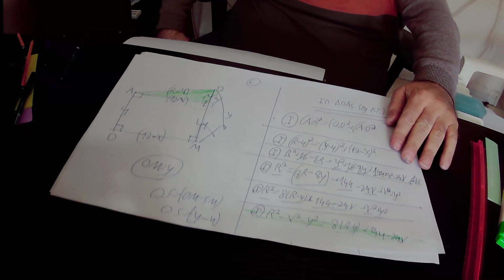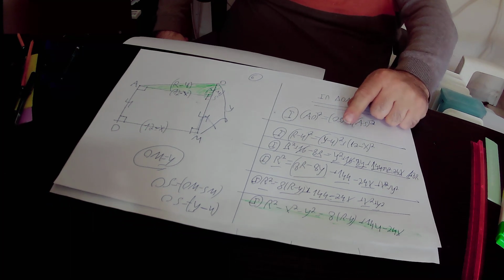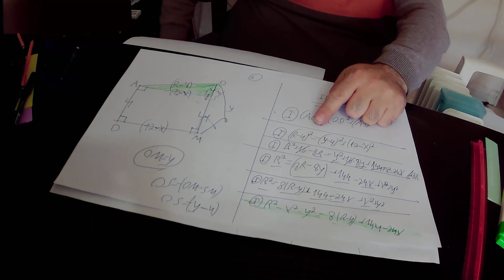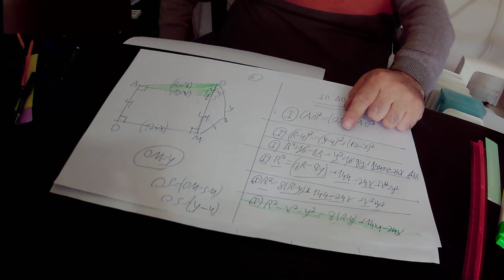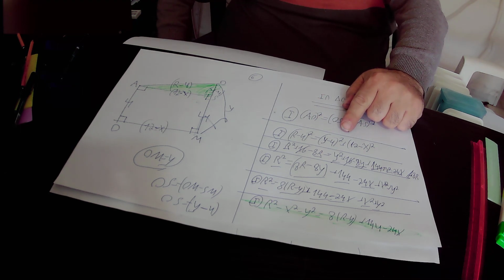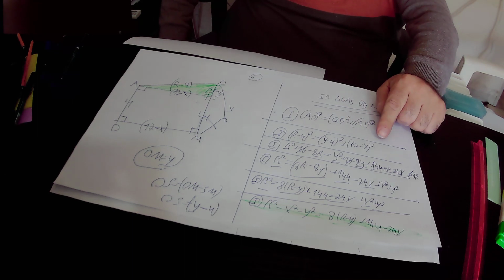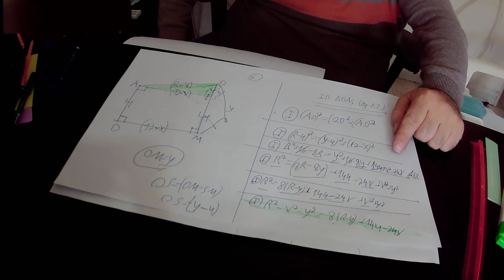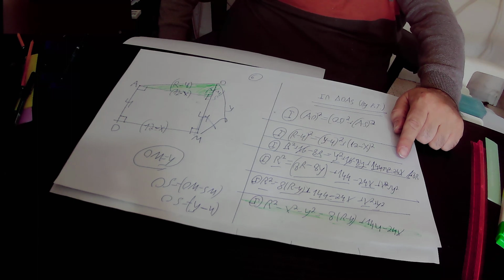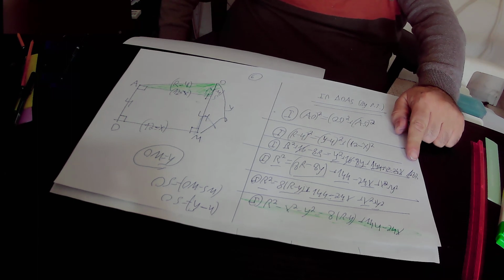We open the brackets on both sides of equation number 1. R minus 4 squared is R squared plus 16 minus 8R. Y minus 4 squared is y squared plus 16 minus 8y. 12 minus x squared is 144 plus x squared minus 24x.